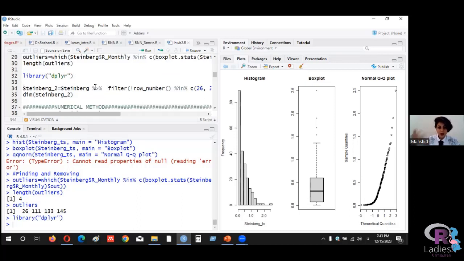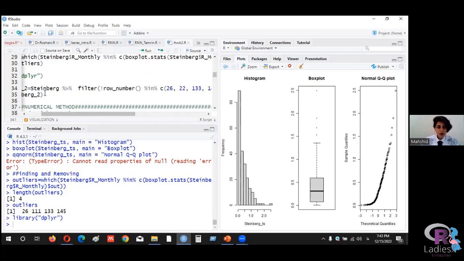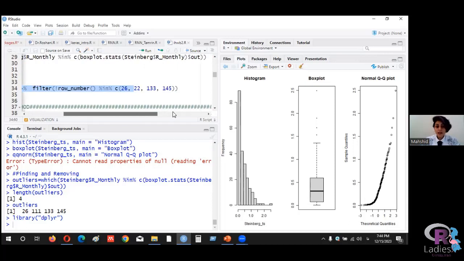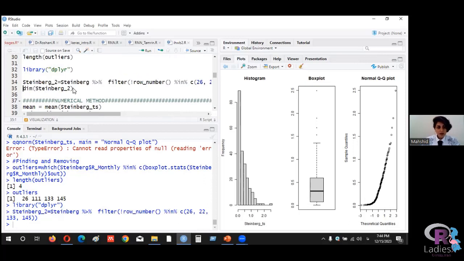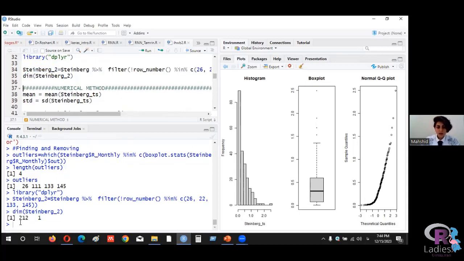So I've loaded it, and then by using this code, I filter the time series and remove these 4 data points. Now if we check the second time series, which I've called Steinberg 2, we have 212 rows.